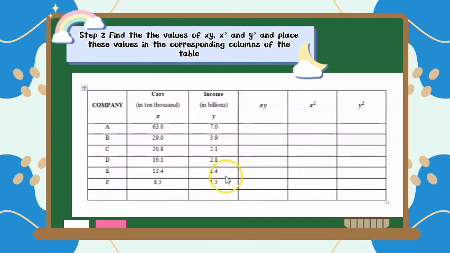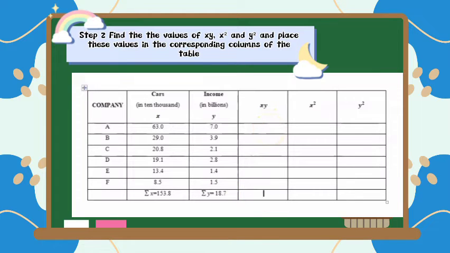To find the summation of x, we add the following values: 63.0 plus 29.0 plus 20.8 plus 19.1 plus 13.4 plus 8.5 equals 153.8. Same process for y: 7.0 plus 3.9 plus 2.1 plus 2.8 plus 1.4 plus 1.5 equals 18.7.